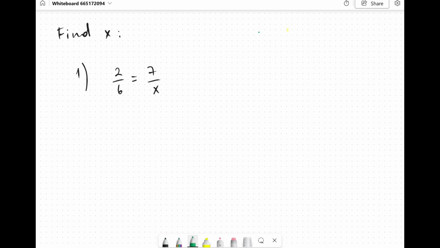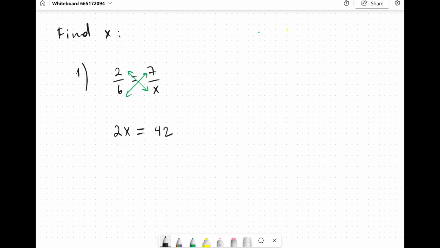I'm going to start by finding the first cross product, which is 2 times the x, and that's just 2x. And then the second cross product, which is 6 and 7, so 6 times 7, 42. And since we assume this is a true proportion, by default, the two cross products are equal to each other.